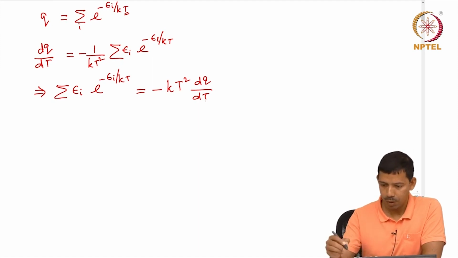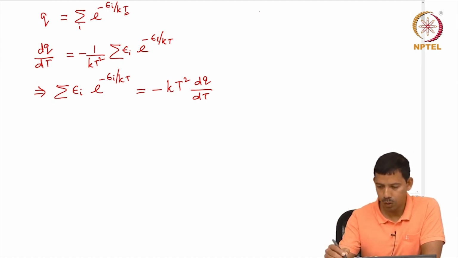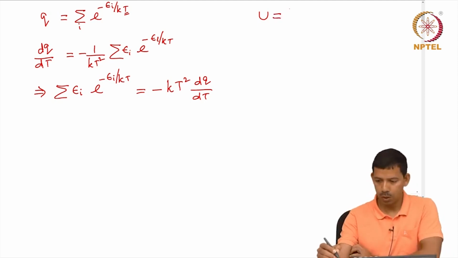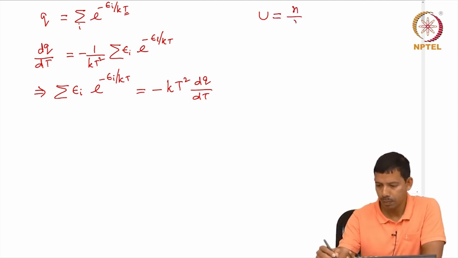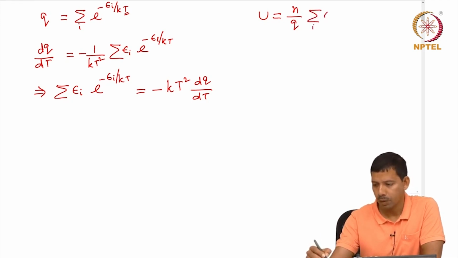And previously we got U is equal to N by Q times the sum over i of epsilon i e to the power minus epsilon i by kT.